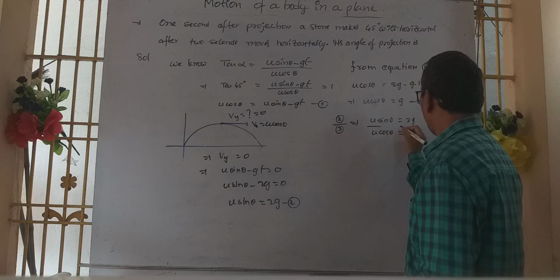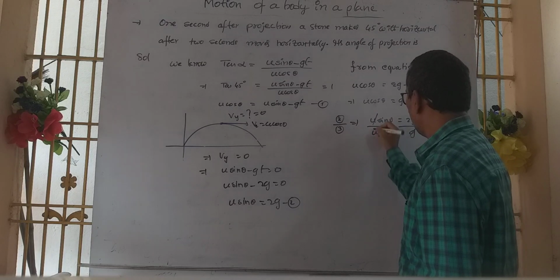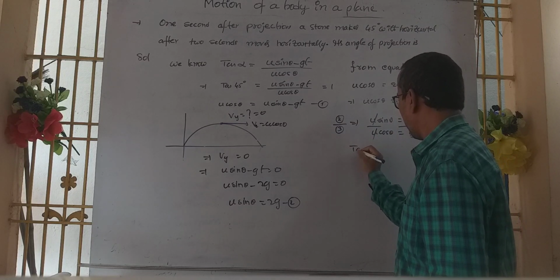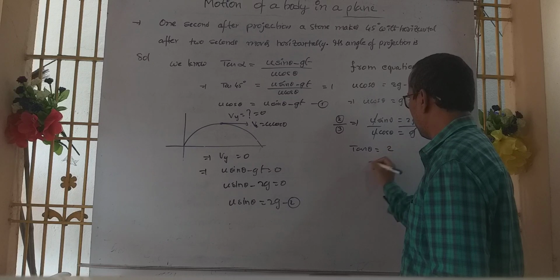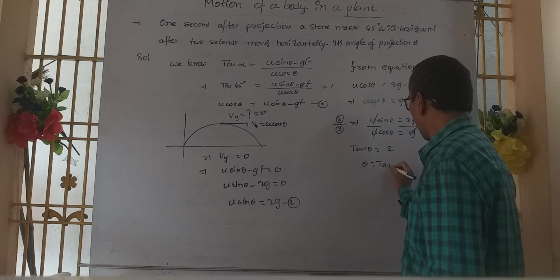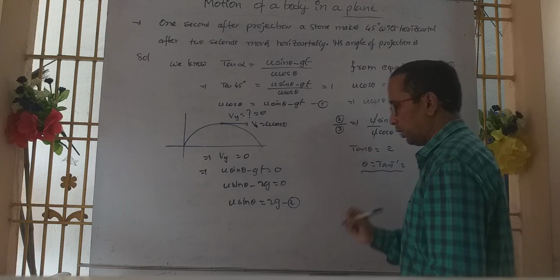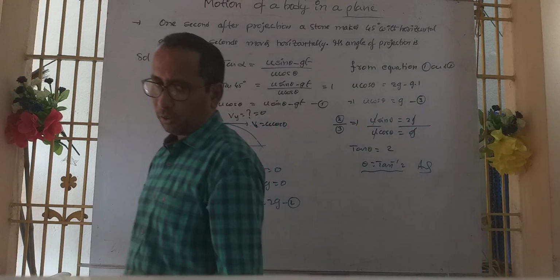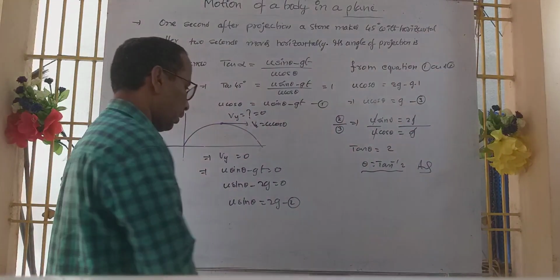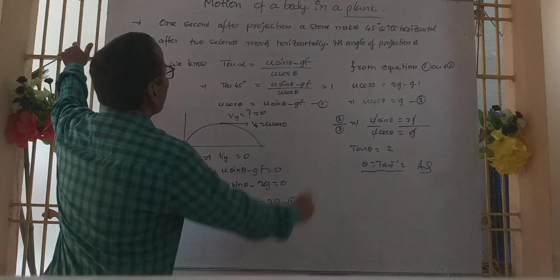So both are divided. Then g and u get cancelled. Tan theta is equal to 2. Theta is equal to tan inverse 2. This is the answer.